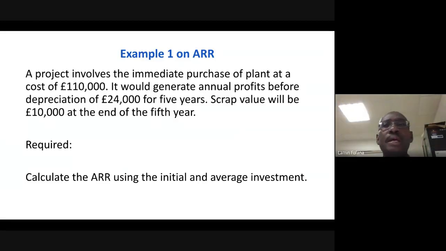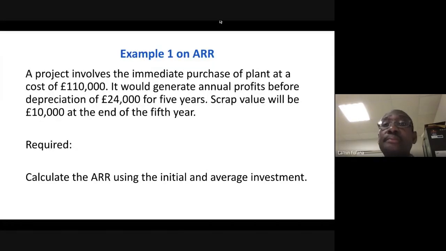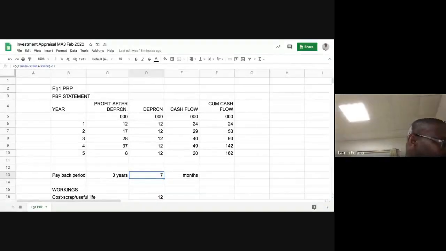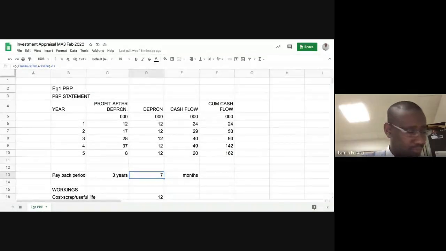So here we go, back to our investment appraisal Google Sheet file. Are you ready to go? Shall we do this question? Yes, sir. Proceed. We proceed. Good. Thank you.